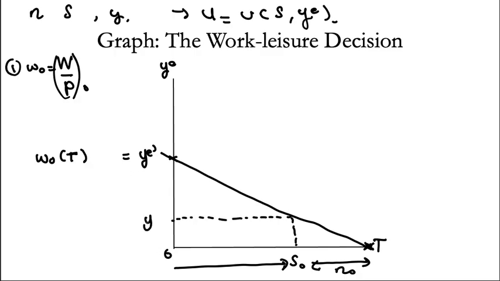Let's say YE naught. YE naught is equivalent to real wage W naught times total time T minus leisure hours, which is S naught. Okay, is it clear? All right.